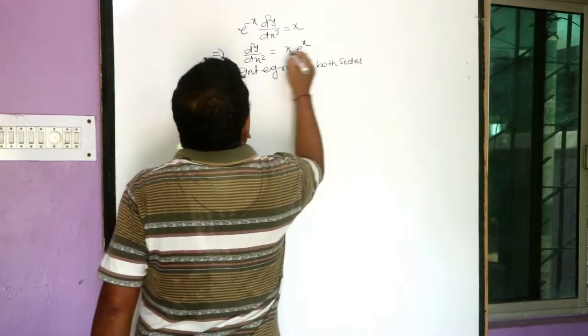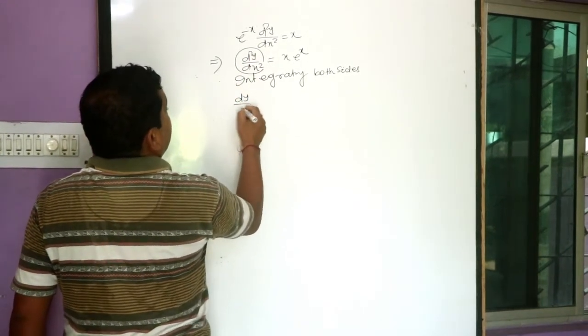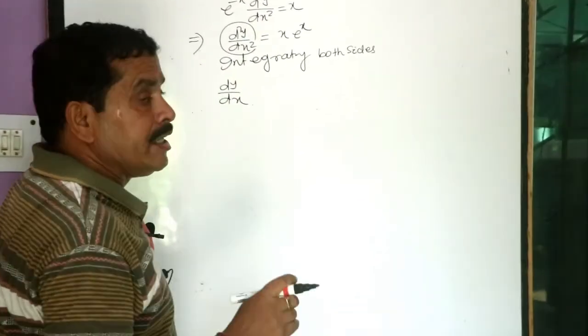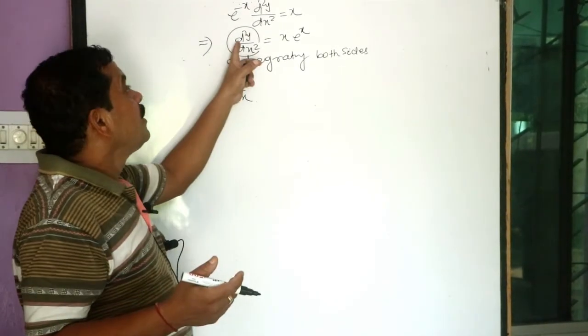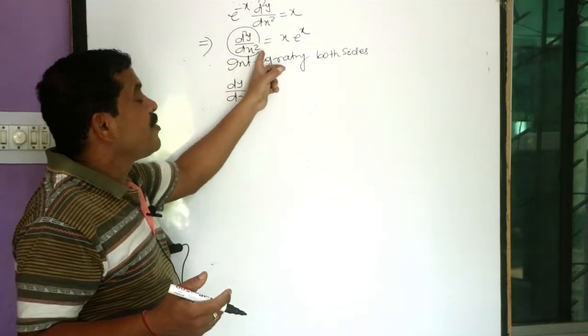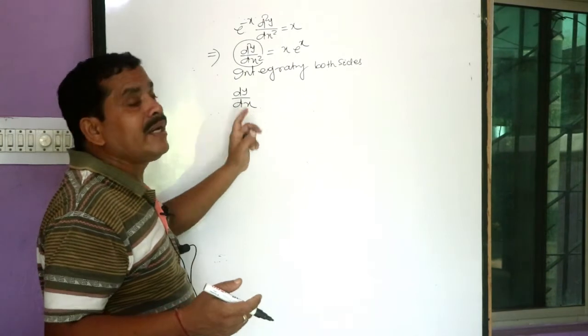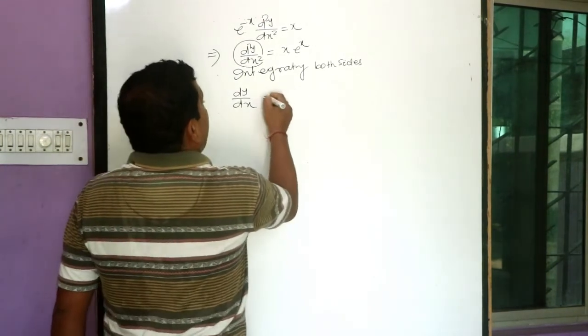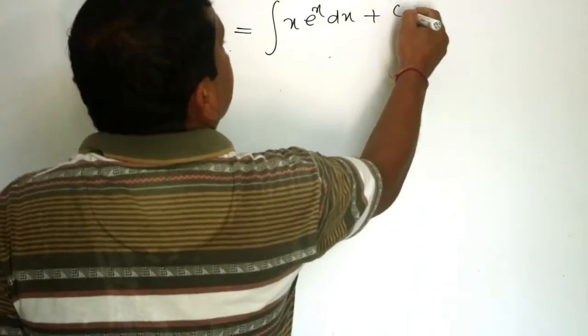After the first integration it will be dy/dx, because differentiating dy/dx once more we get d²y/dx². So after the integration of d²y/dx² it will be dy/dx, and here it is ∫ x e^x dx + c1.